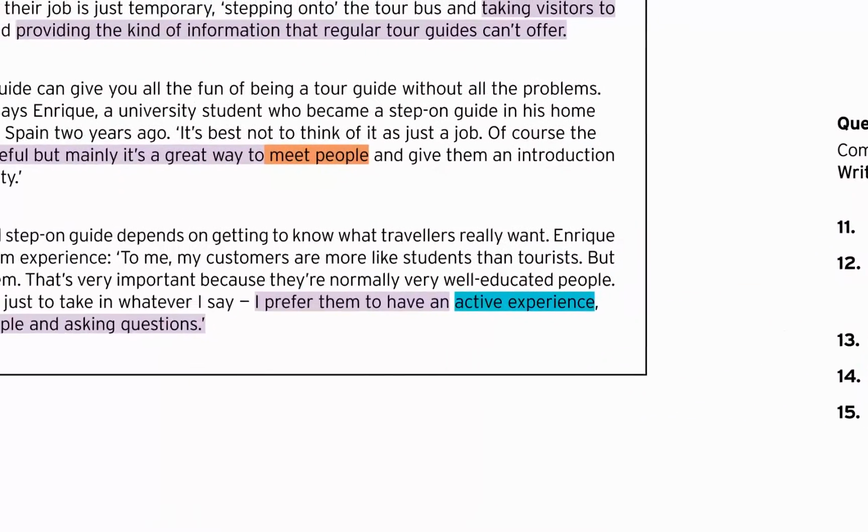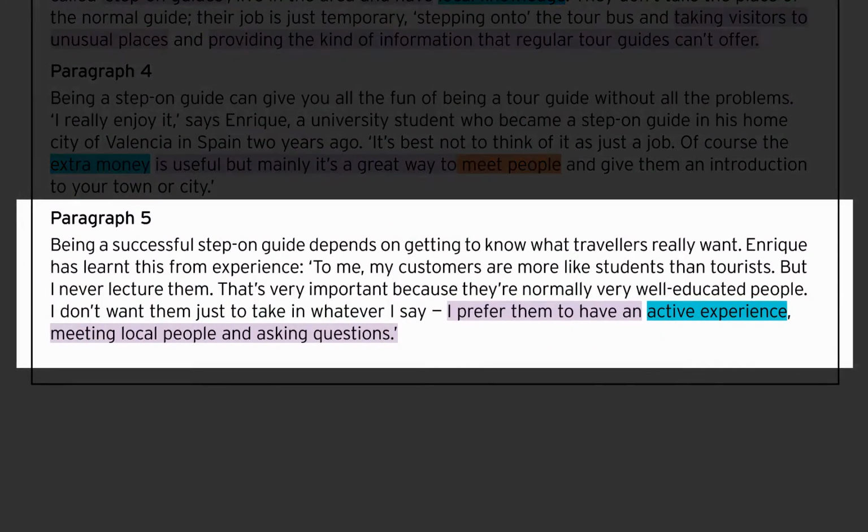Enrique wants to give his visitors a more, well, if he gives them something, it means that they have it. I give you some money, then you have the money. So you need to look for this key word, them to have. But if you look here in the sentence, we've also got instead of them.